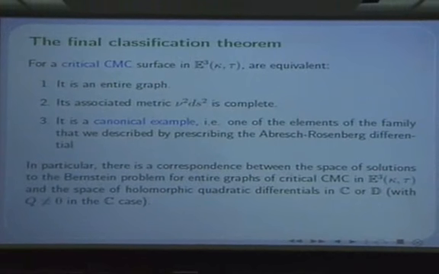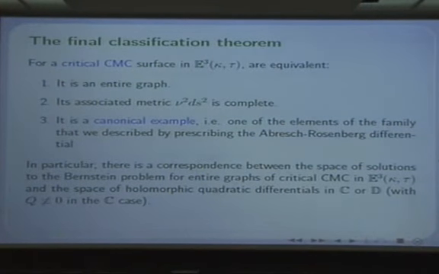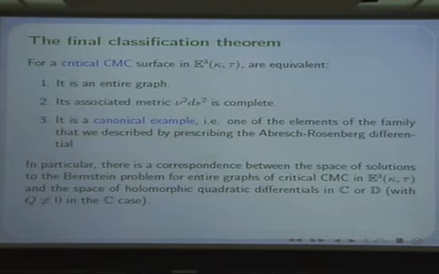First, it is an entire graph; second, its associated metric is complete; and third, it is a canonical example in the sense that it can be described in terms of the Abresch-Rosenberg differential. So you have a correspondence between the space of solutions to this Bernstein problem and the space of quadratic differentials on the complex plane or on the unit disk. So this is the final result of the case of the Bernstein problem for all values of critical mean curvature.